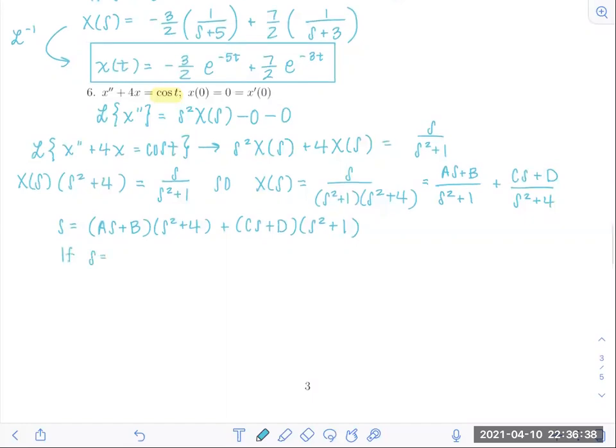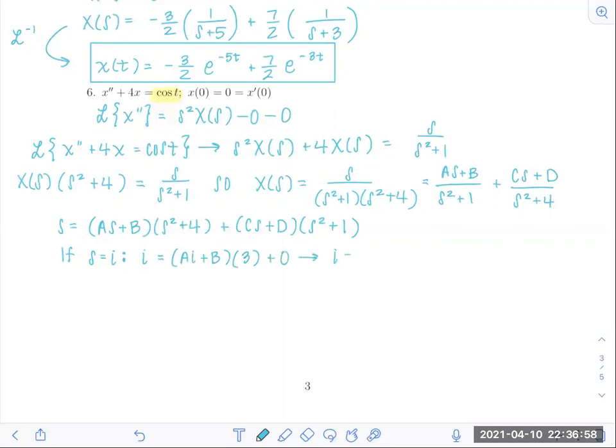If s equals i, what do we get? On the left-hand side, we have i. On the right-hand side, I have Ai plus B times i squared is negative 1, so I get 3, and the other term drops out.